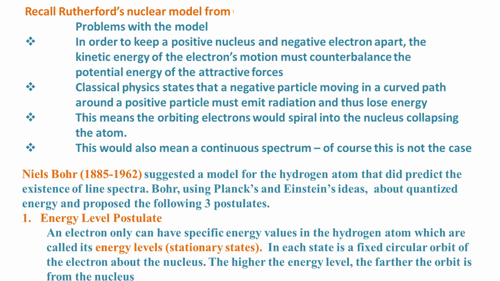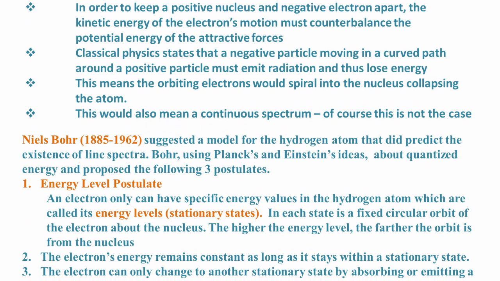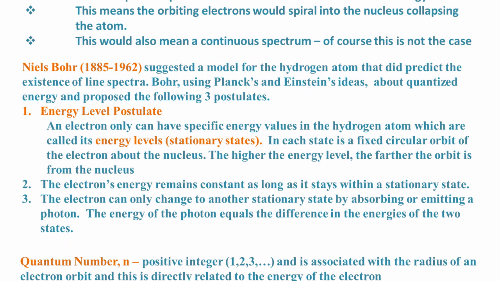The energy level postulate: an electron can only have specific energy values in an atom, and these are called energy levels. Each energy level is a fixed circular orbit of the electron about the nucleus. The higher the energy level, the further the orbit is from the nucleus.